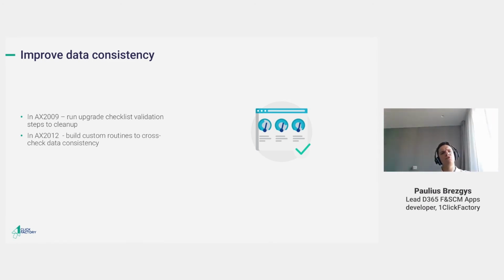Checking the customer groups, checking dimension records, run some SQL scripts, joins, not exists joins, and see whether you actually have orphan records or not. There are no tools from Microsoft available to verify that. But again, you will see those inconsistency errors when you finally do the migration.